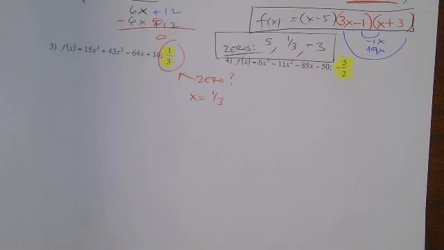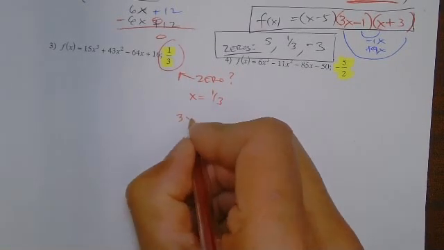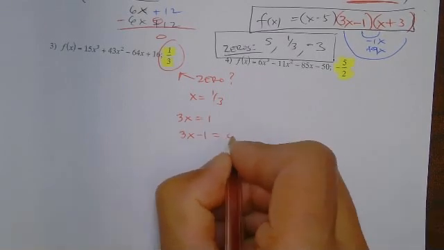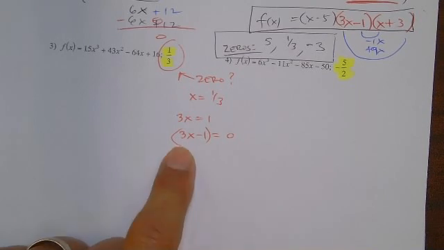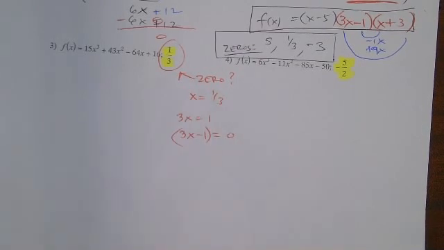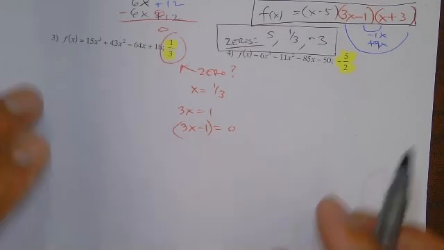The 0 is the x-intercept. The roots, the zeros, the solutions is x equals 1/3. But you have to have that equal to 0. Multiply by 3, that'll be 3x equals 1. So that's going to be 3x minus 1 equals 0. Everybody agree? If I solve 3x minus 1 equal to 0, I will get positive 1/3.